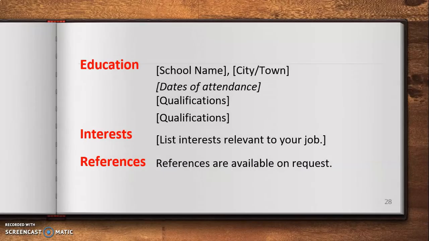Once you have finished that, you're going to come to your qualification or educational experience. Here you put first the school name, followed by the city or the town the institution is situated in, and then you put dates of attendance. Then you explain your qualifications, in what profession you are qualified.